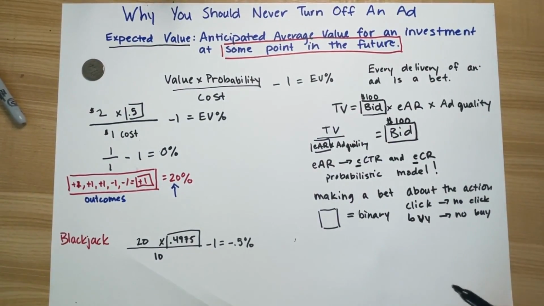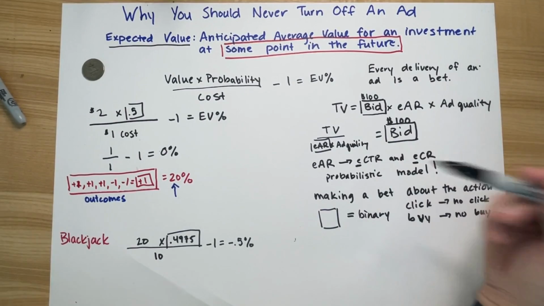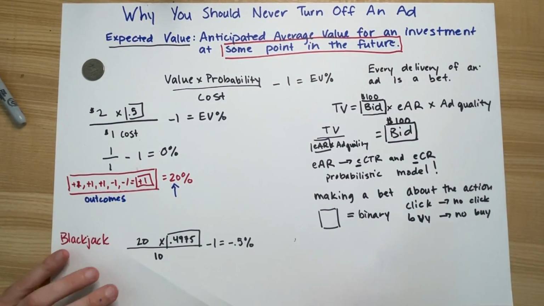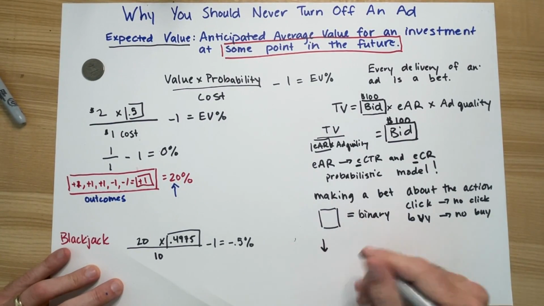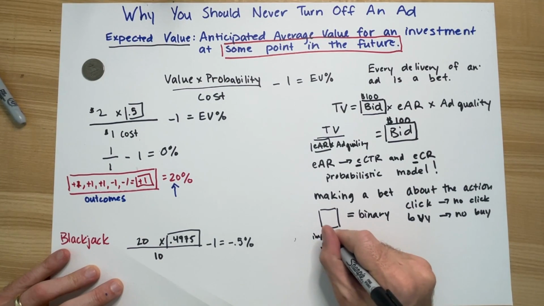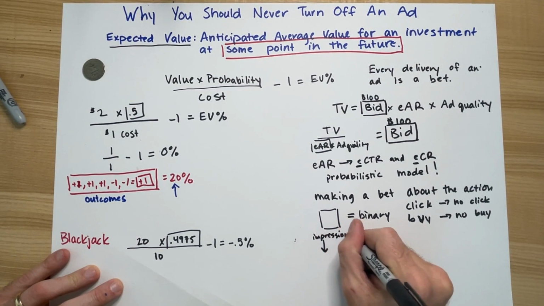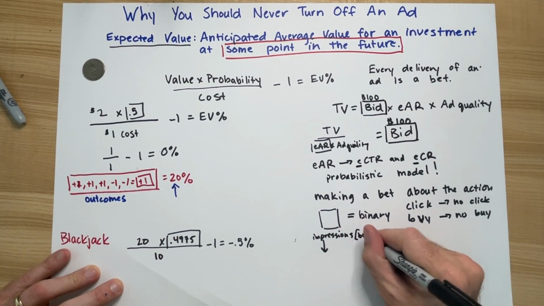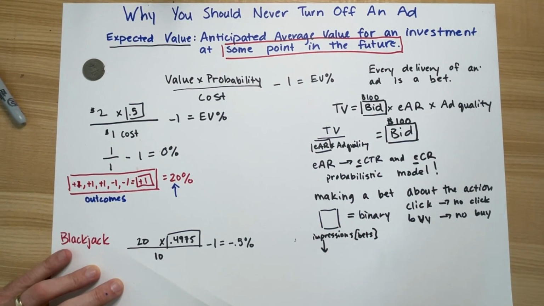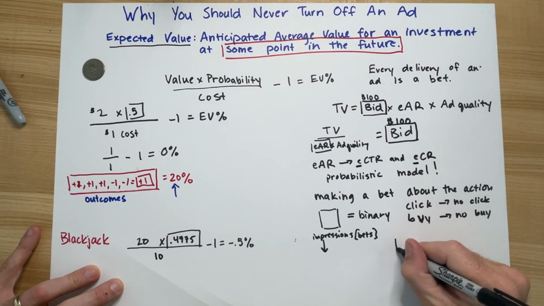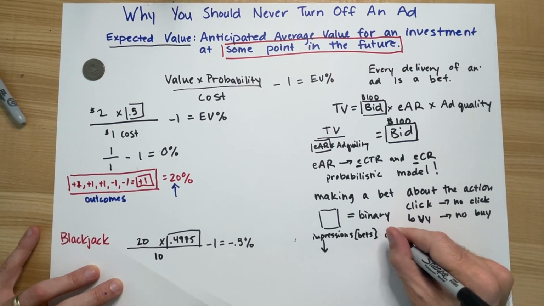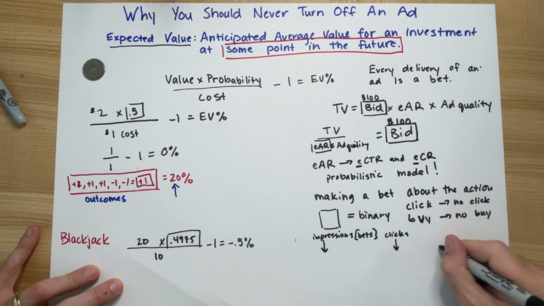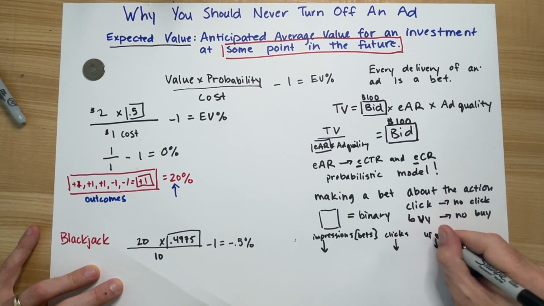It's incorrect. And you, as the media buyer or the brand owner or whoever, get feedback in the ad account about this, right? You see impressions. So how many times they've made the bet, right? This is the number of bets that Facebook has made on your behalf. Then you see the outcomes, you see both clicks and you see purchases.